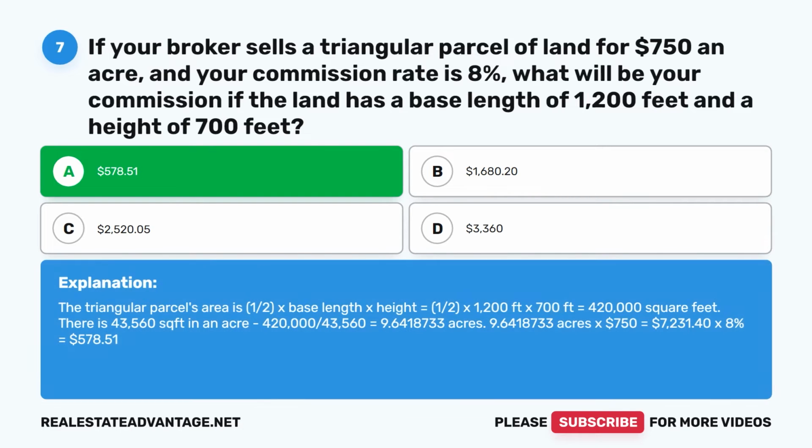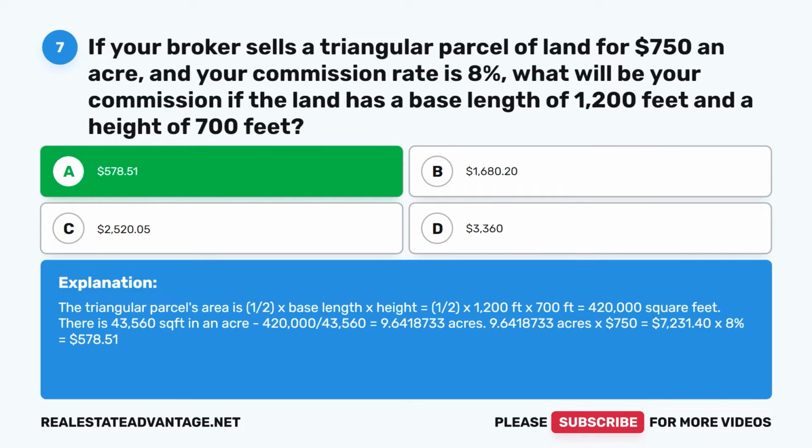$578.51. The triangular parcel's area is 1/2 times base length times height, which equals 1/2 times 1,200 feet times 700 feet, or 420,000 square feet.